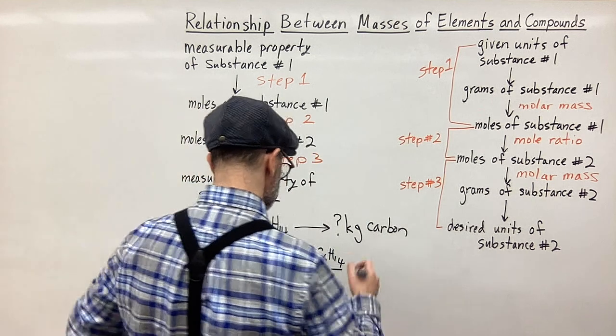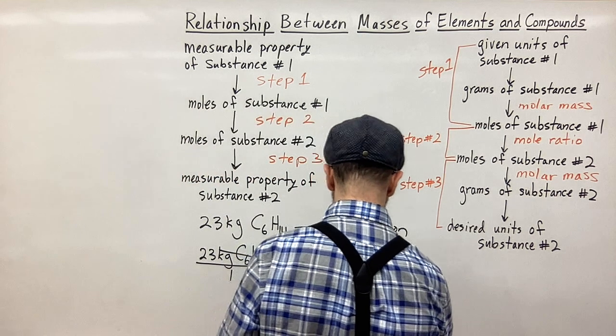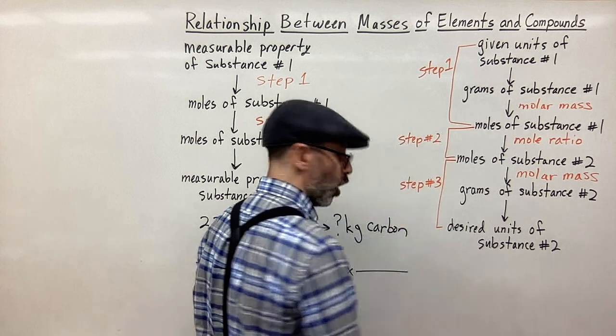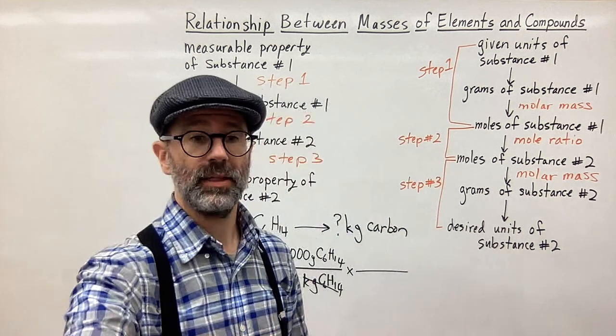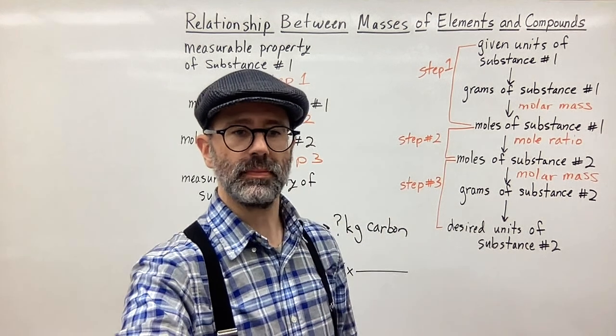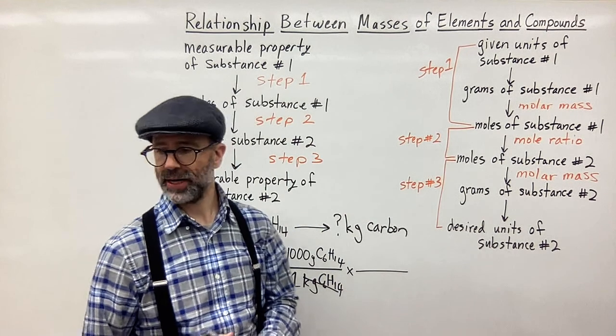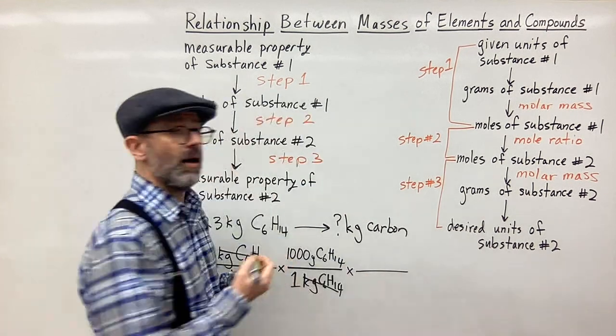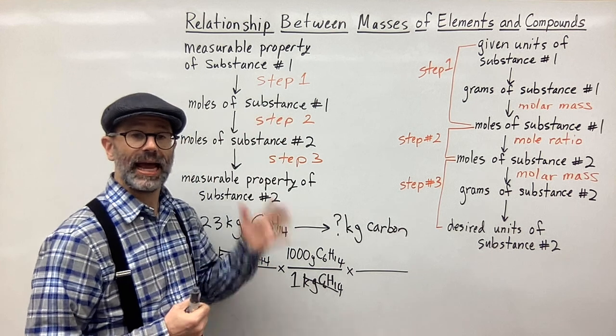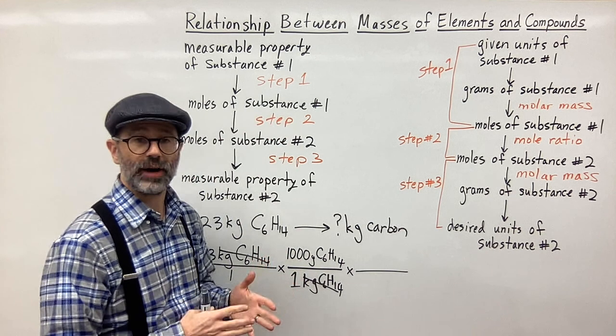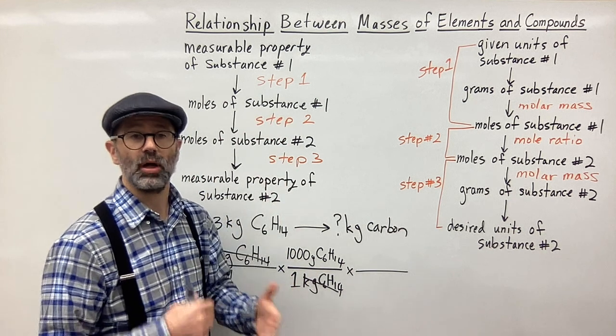What's the molar mass of hexane? Let me look it up. It's about 86.18, so the molar mass of hexane is 86.18 grams equal to 1 mole of hexane.